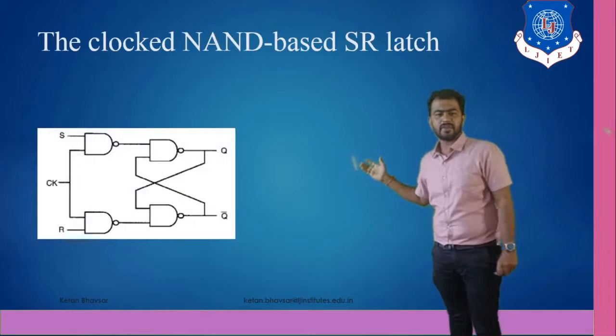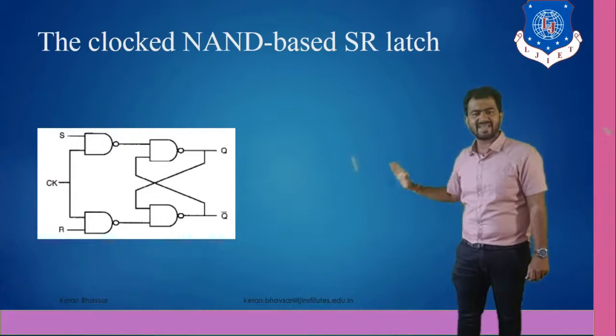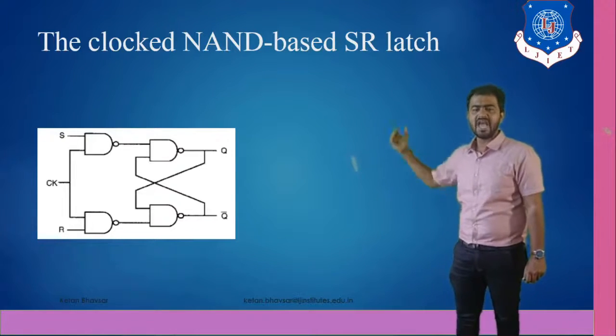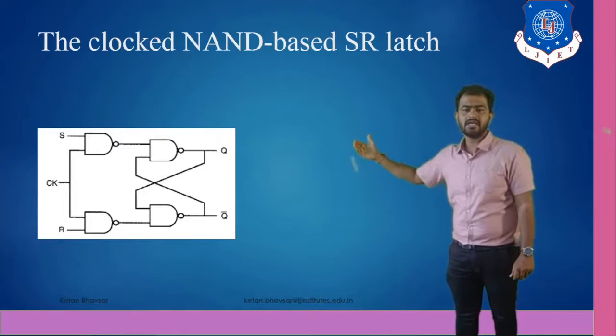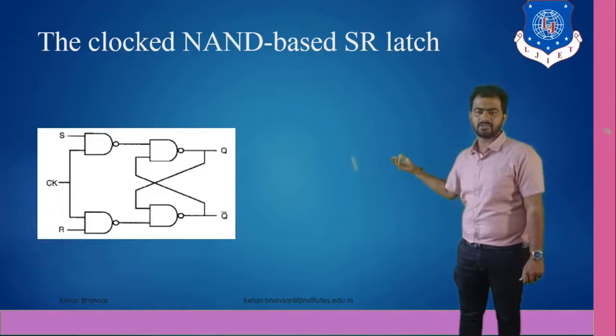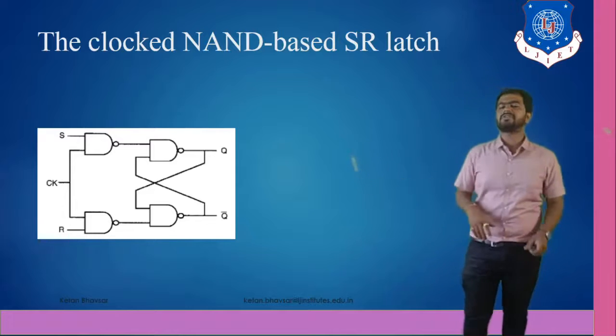Now in the same circuit, as you can see, we take a 2 input NAND gate. 2 input NAND gate means 50% of the circuit is the same as the NAND gate based SR latch, and the remaining circuit is directly connected. The output of the NAND gate is driven to the NAND gate based SR latch, and similarly the clock pulse is connected to the common terminal.